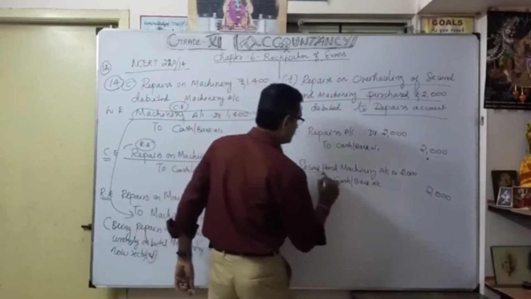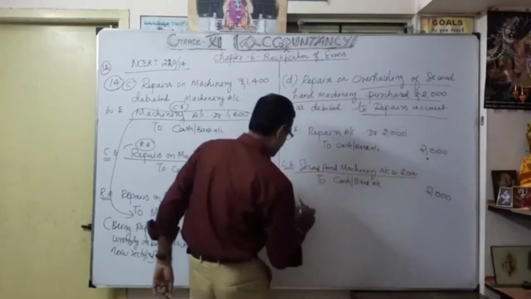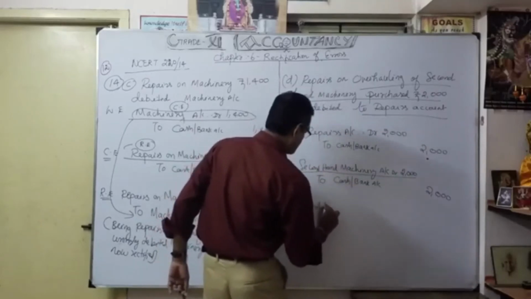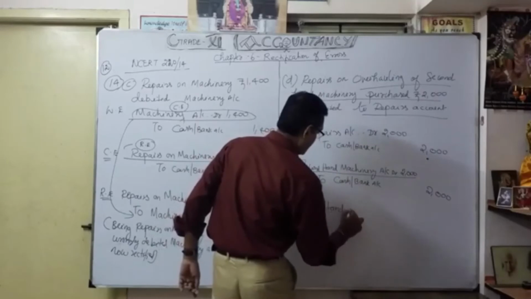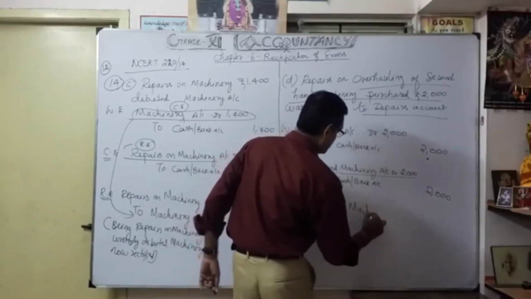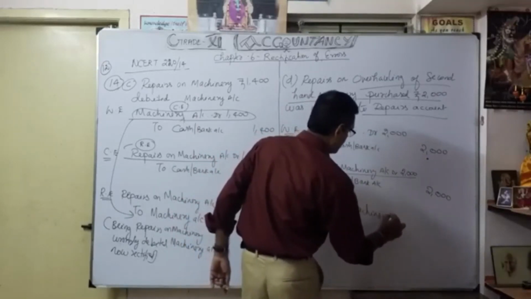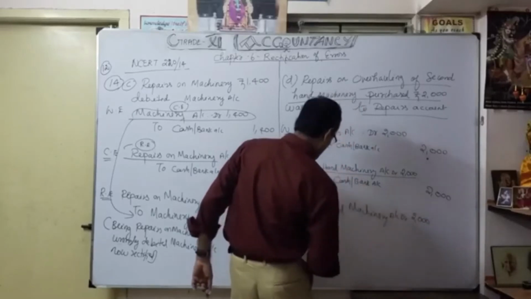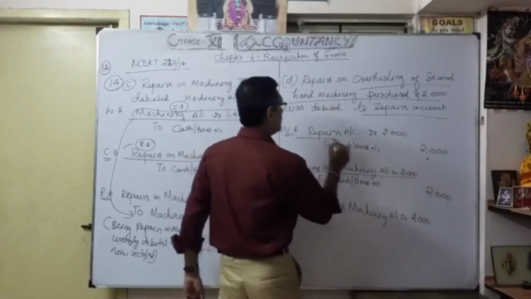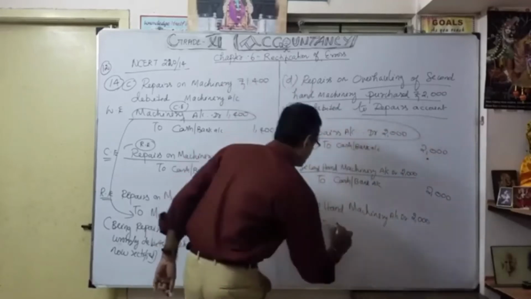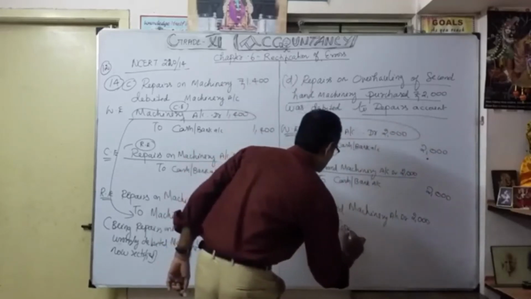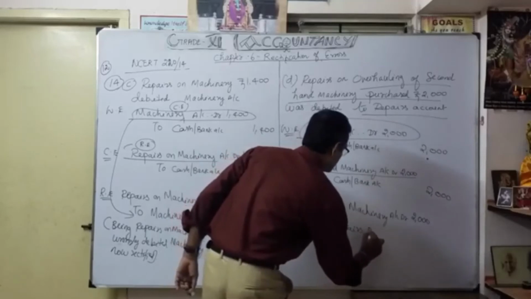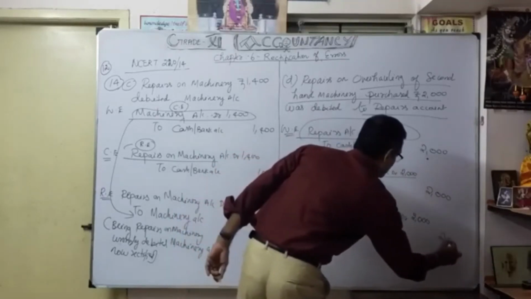So now what is the rectification entry? As you know, this should be debited. Second-hand machinery account debit 2000 to, since earlier I did the wrong debit, I am going to credit repairs account 2000.